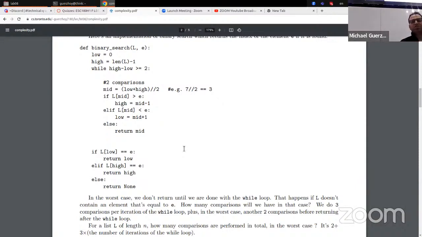So that's the general thing. Sometimes it's going to be a little bit subtle, in the sense that some operation is actually going to take time that depends on the size of the input, for example. And we'll get to that later.